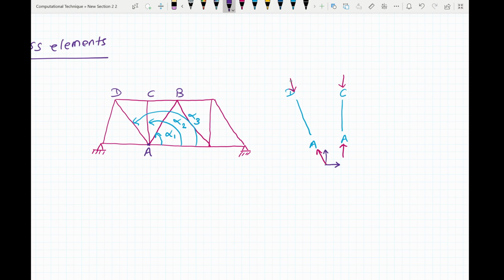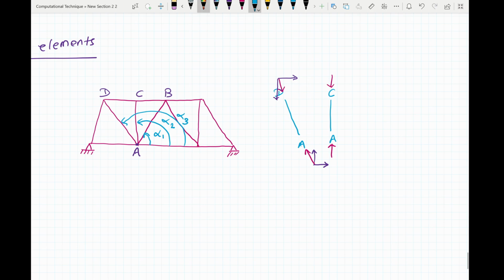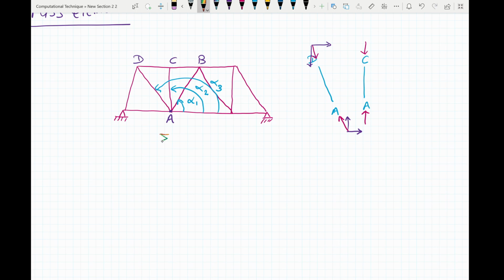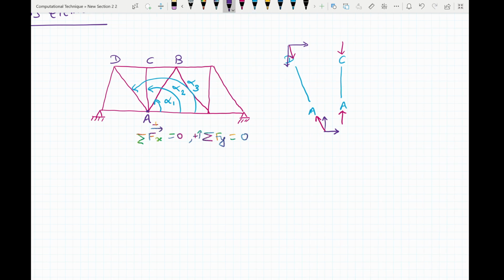Similarly, this force will also have its components in the horizontal and the vertical direction. If you want to look into the equilibrium of this whole system, you have equation like this: summation of force in x direction equals to 0, summation of forces in y direction equals to 0. Therefore, for each bars, we have to obtain the horizontal and the vertical components of the forces.